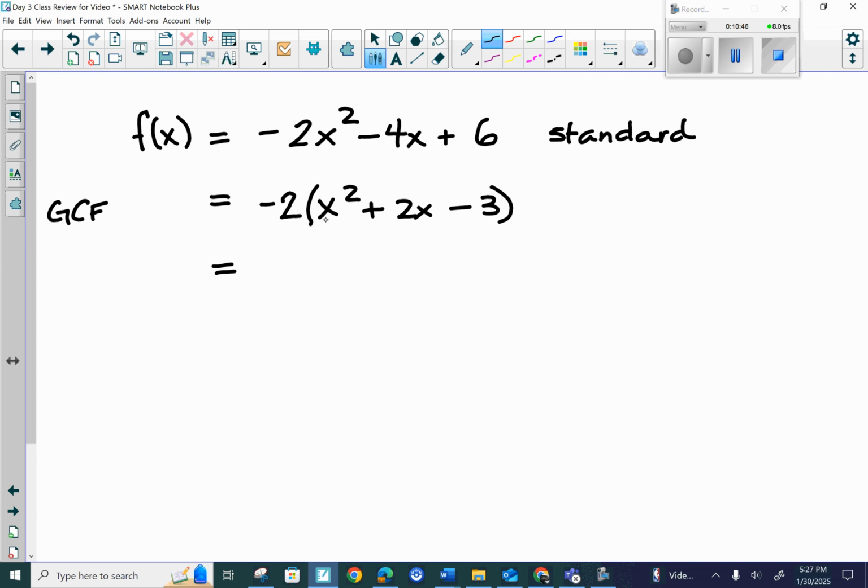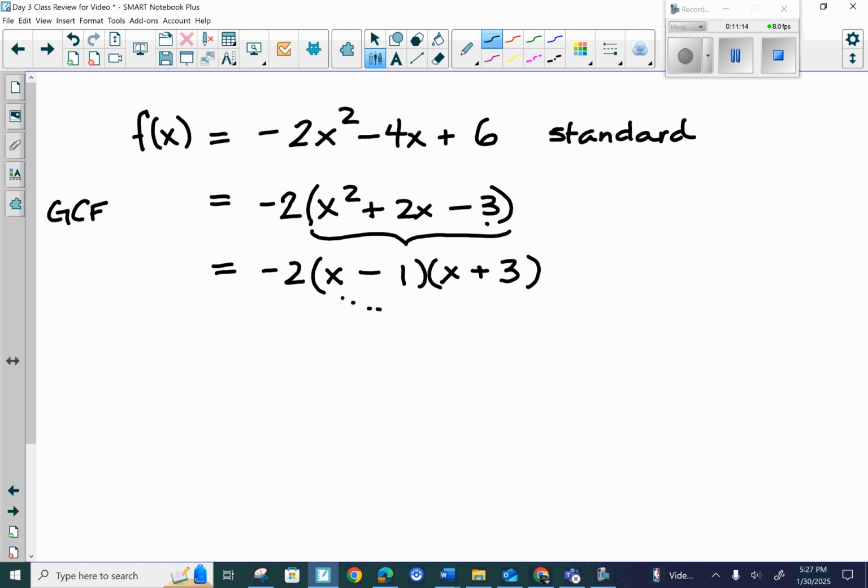And that's a quadratic that might be factored even further into two binomials. So I'll put x and x here. 3 factors into 1 and 3. One's got to be positive and one's got to be negative. Let's see, the positive 2x means that the 3 has to be positive and the 1 has to be negative.